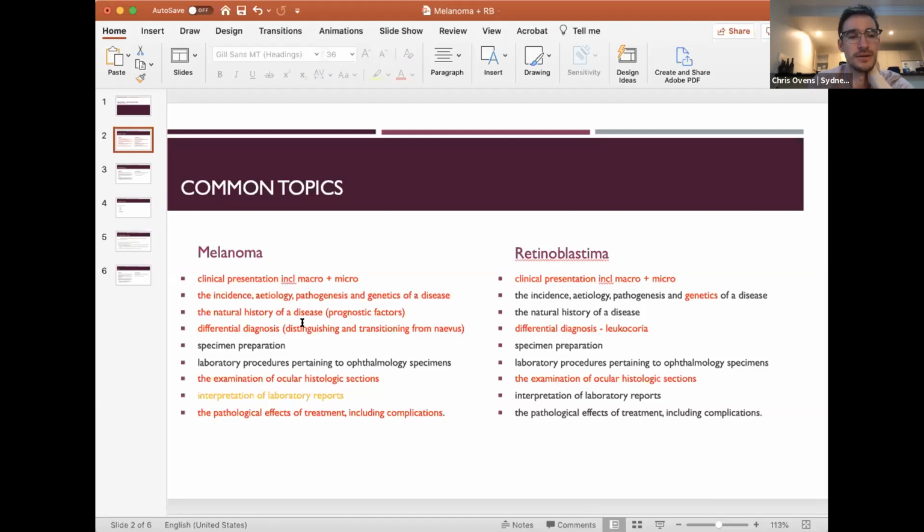So really, it's a good one to know in a fair bit of detail. Retinoblastoma was a little bit more selective. There was a lot on genetics and the 2-hit hypothesis, Knudson, retinoblastoma gene, that sort of thing. And there was a fair bit on the differentials of leukocoria. So you want to know that presentation well, your differentials and the different things that might be associated with each of them. And again, it comes up every now and then in the histological sections as well.